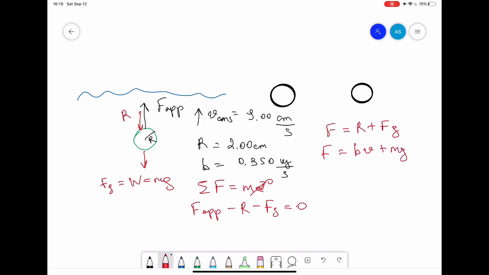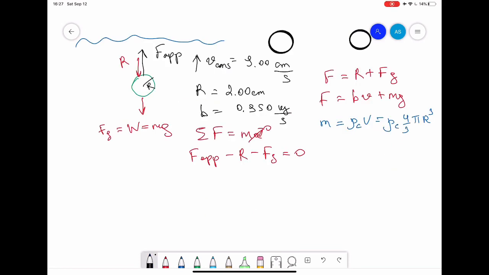Do we have m? We don't have m, but we have the radius. If we have the radius, then we can get the mass. The mass is equal to the density of the copper ball multiplied by the volume. The volume of the sphere is 4/3 pi r cubed.